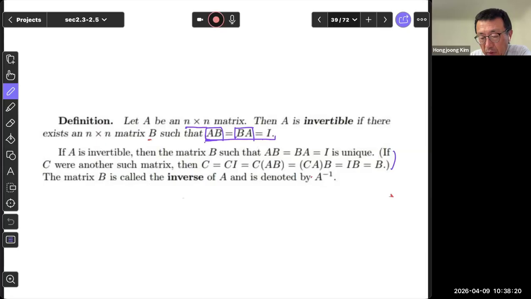Otherwise, we cannot derive this. So this is the definition of invertibility.